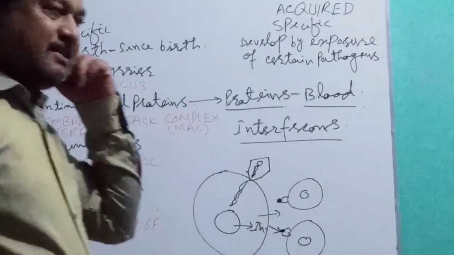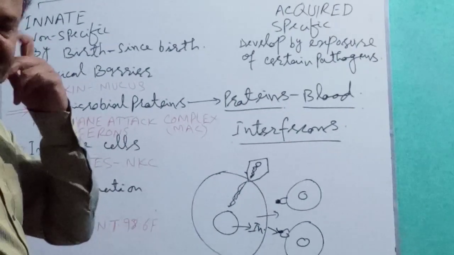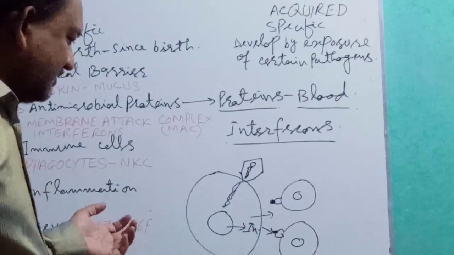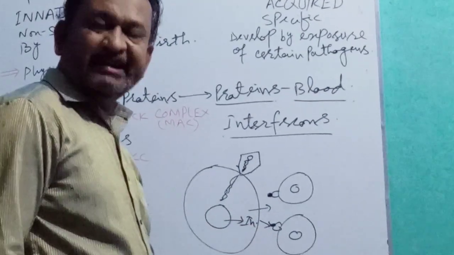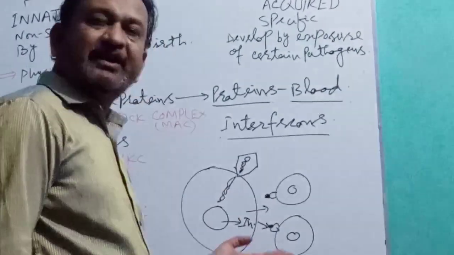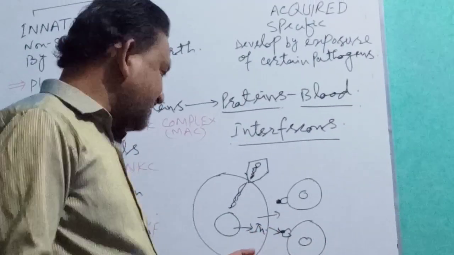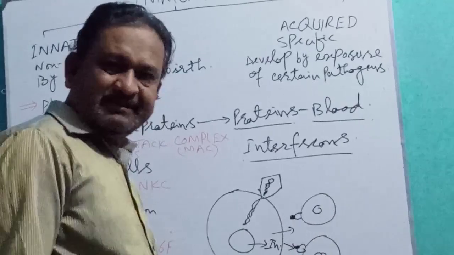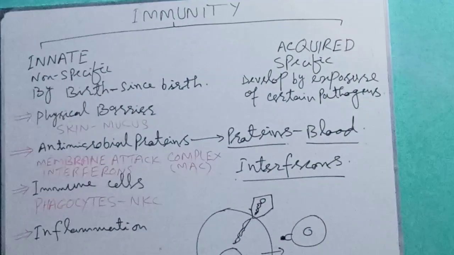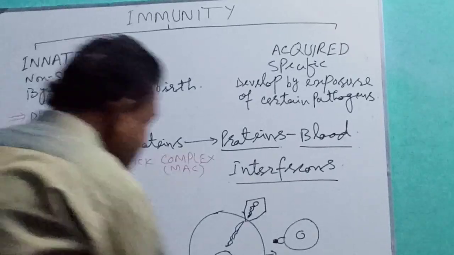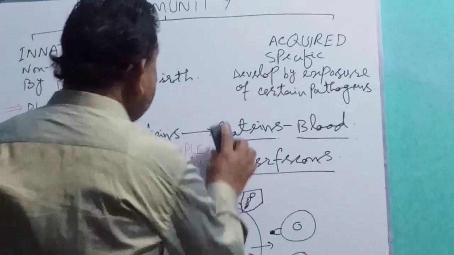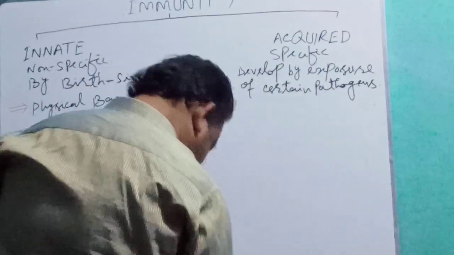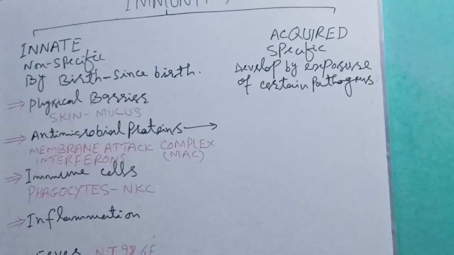These are the protein kinase enzymes, and another one, which inhibit the RNA or DNA synthesis and protein synthesis. These are the enzymes which are prepared in these normal cells. These are the antiviral substances. So interferons are the antimicrobial proteins which inhibit the microorganisms.